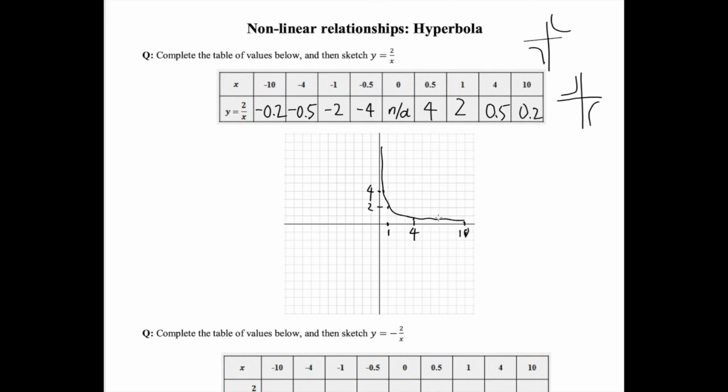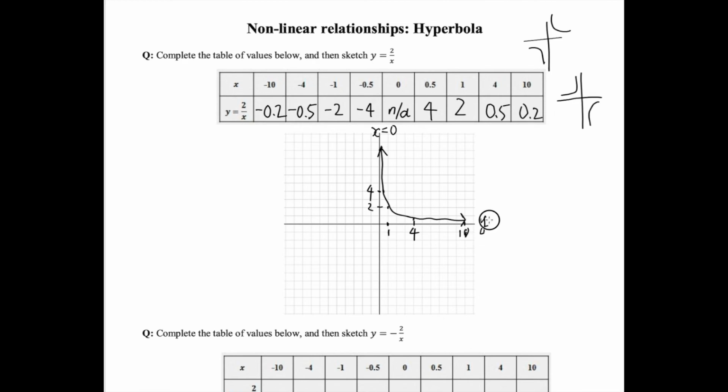Now remember, this graph is actually approaching the y-axis and the x-axis. So make sure that this line does not touch the y-axis, because there's going to be an asymptote at the line x equals 0 and y equals 0.